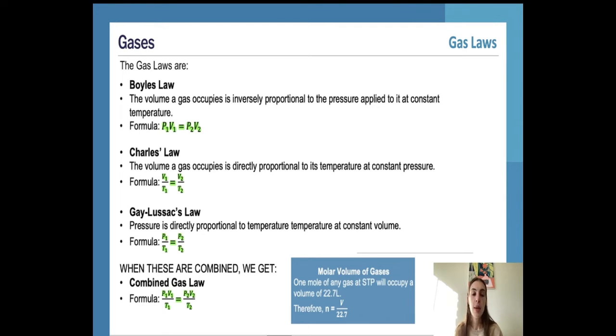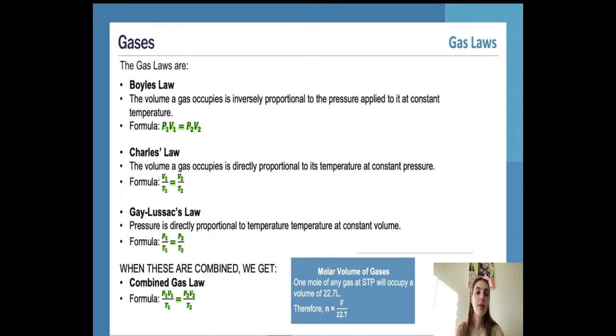And so, as mentioned before, when we combine all of these, we get the combined gas law. The combined gas law has a formula of P1V1 over T1 equals P2V2 over T2.